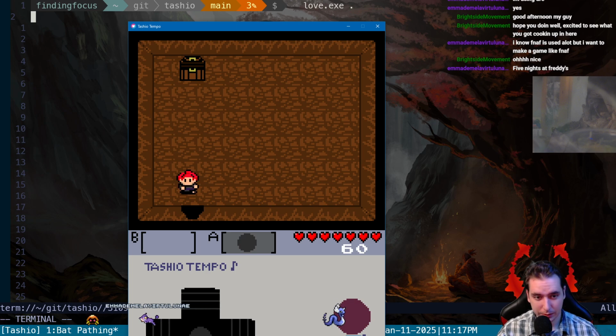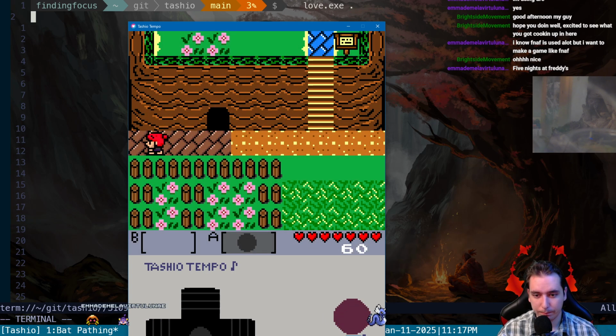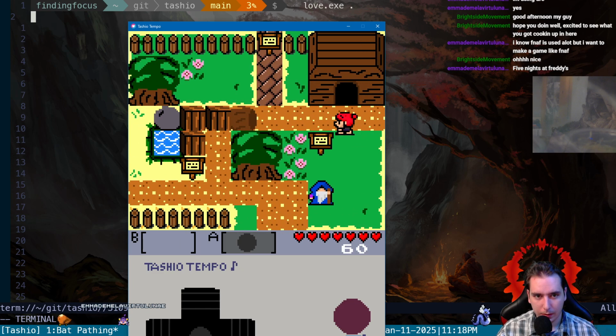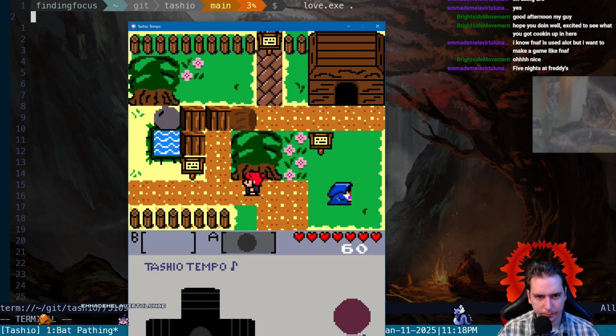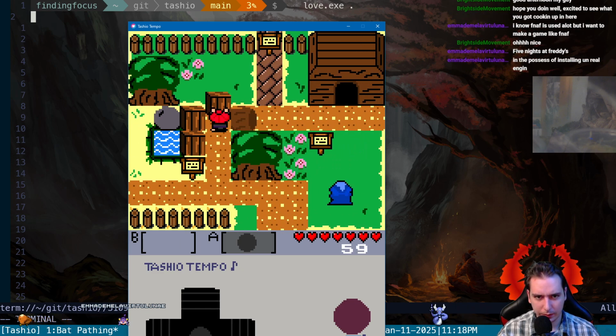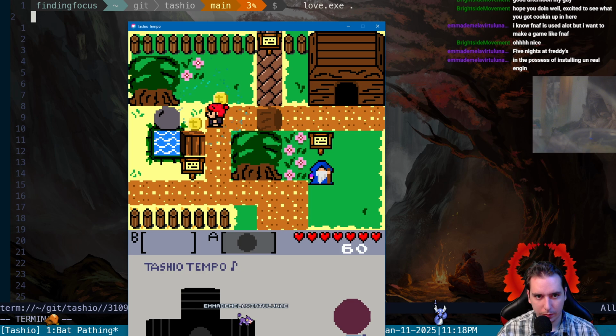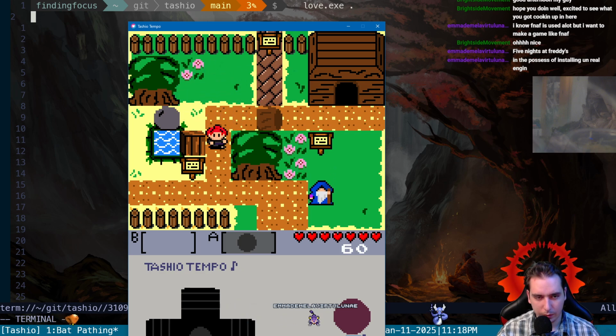Wow, the bat just got all crazy. We've got these crates also that you can push. So we can have little Sokoban style pushing puzzles and stuff. And then the crates are also breakable to get some coins inside and stuff.